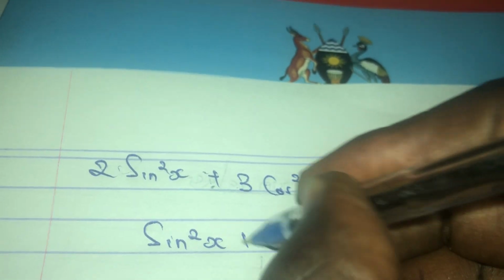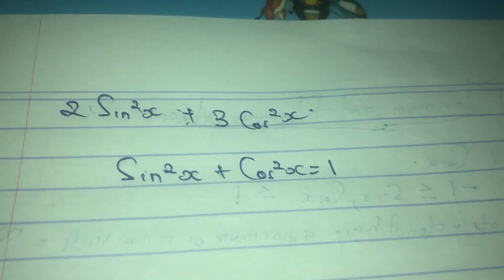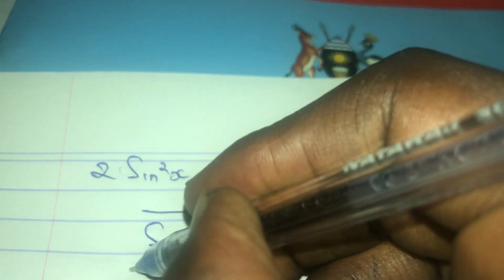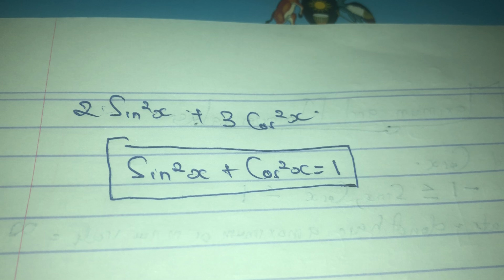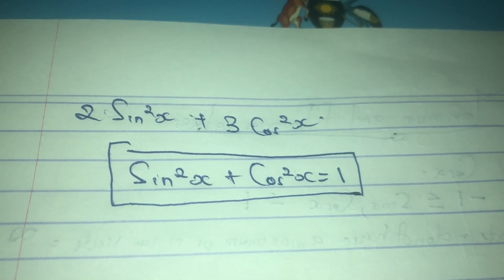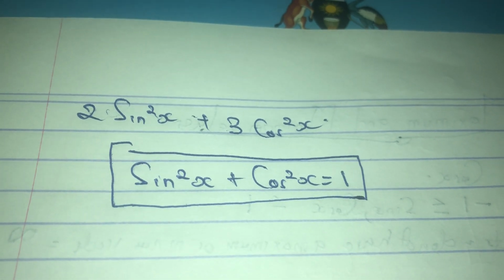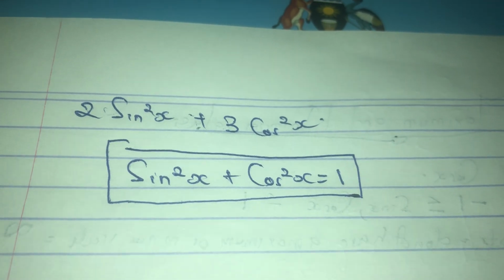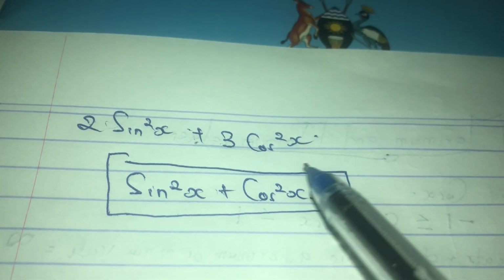And the best formula here to use, remember we have the formula sine squared x plus cos squared x equals 1. This is a standard formula in trigonometry that you have to know. We shall actually look at it in the later stages as I'm teaching. Though I've jumped to that, I wanted to come exactly to this, but I'll try to make more videos about it. So from this, you can either decide to use sine or cos.